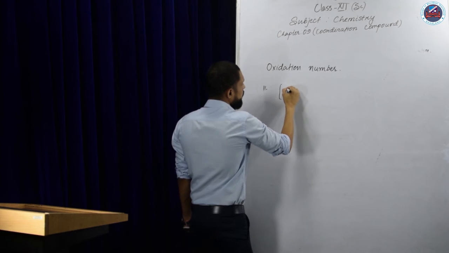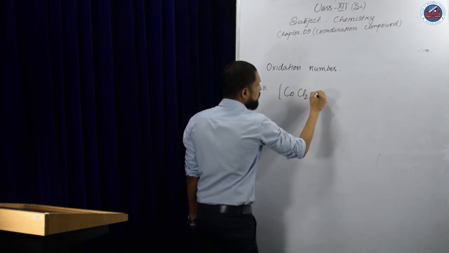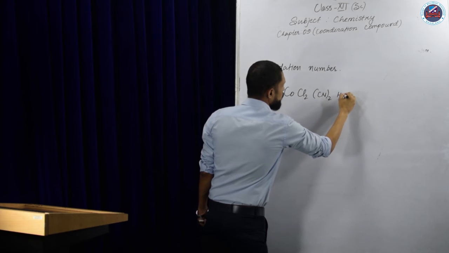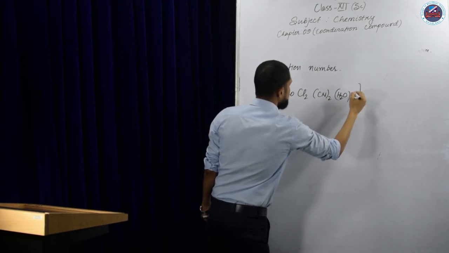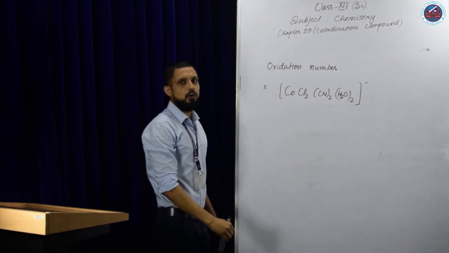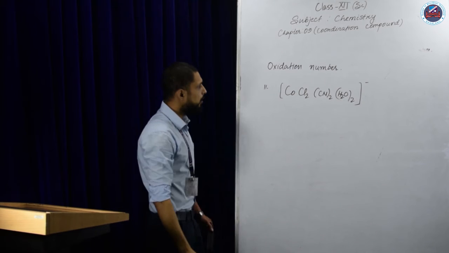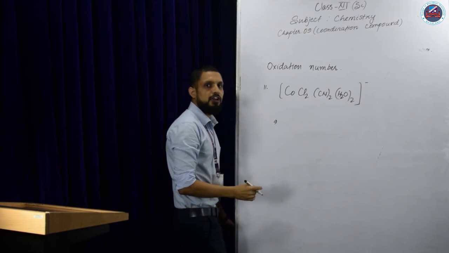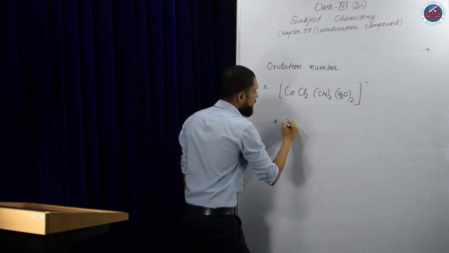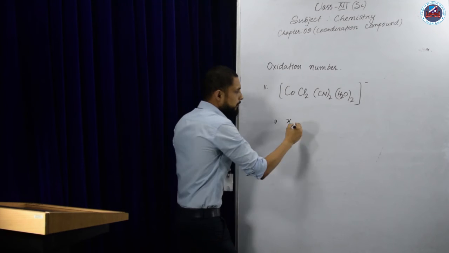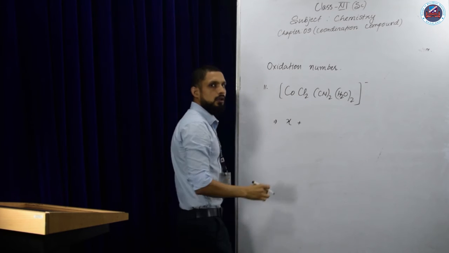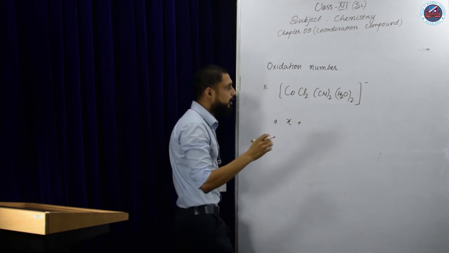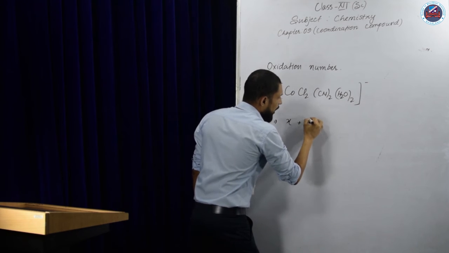Next example, [CoCl2(CN)2(H2O)2], charge of the complex -1. Again, let us consider the oxidation number of cobalt to be X. Cl is a unidentate ligand, and the charge carried by Cl is -1.